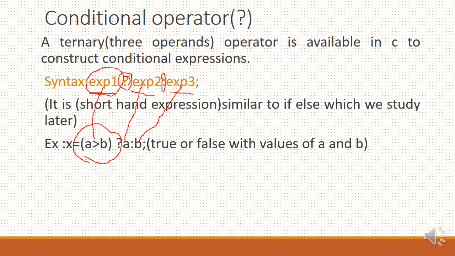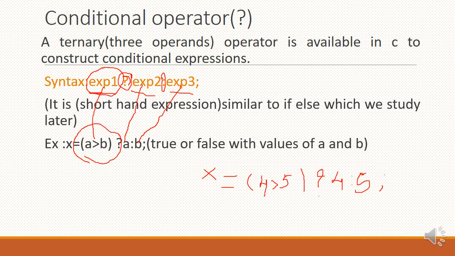I will write the same thing. Here, what I want to take is X is equal to, in this I will take 4 is greater than 5, question mark, what you should write here, A is to B, that is 4 is to 5, semicolon.